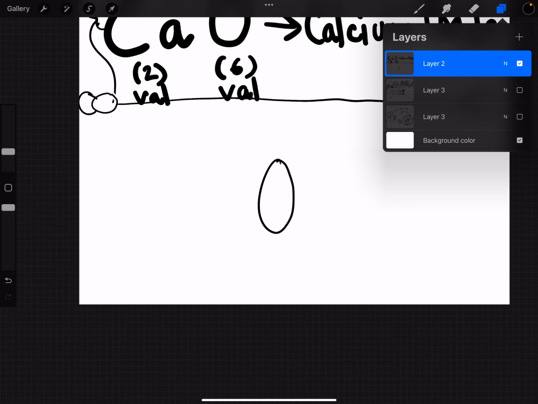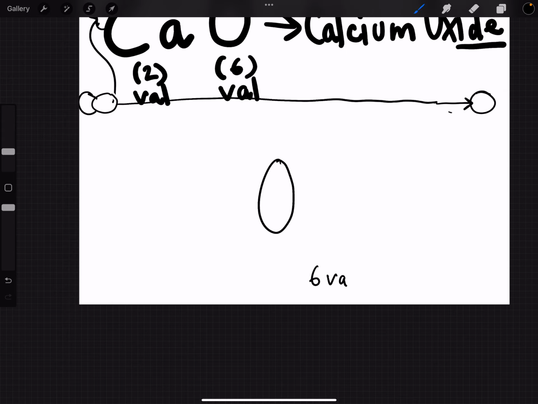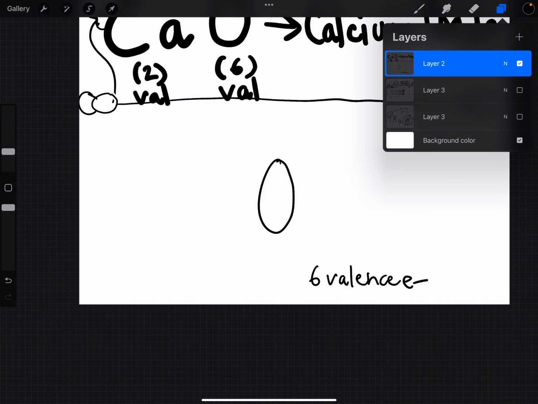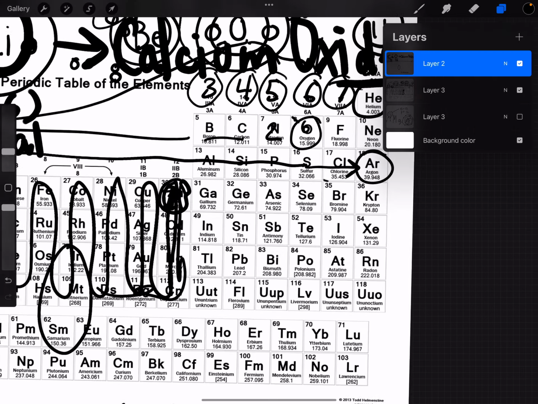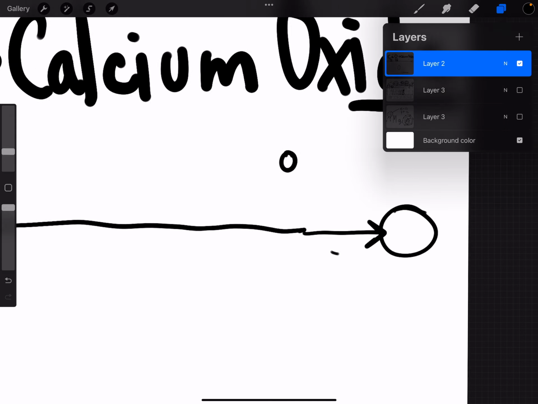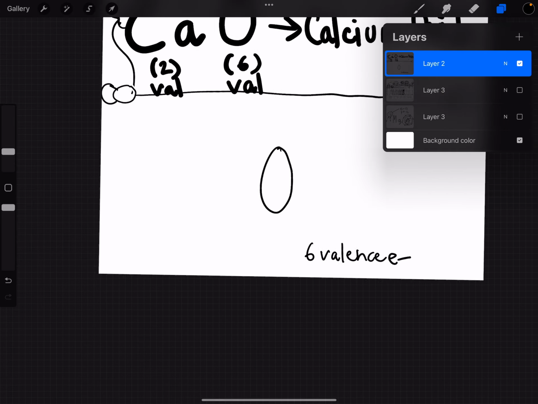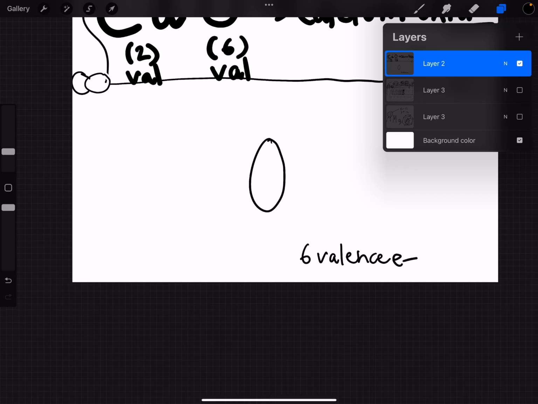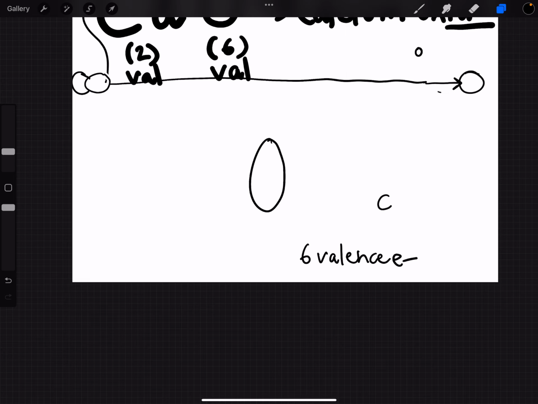It would have 6 valence electrons. Now let's look at the table. Its number is 8. It's crossed off, but it's 8. So it has 8 normal electrons, or just electrons.